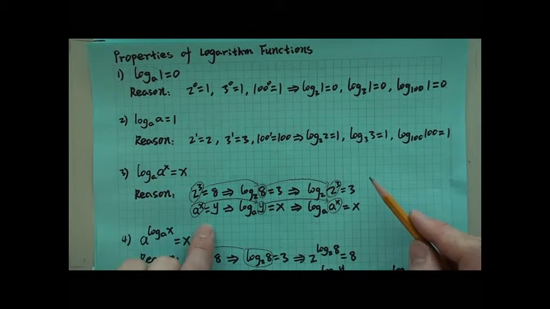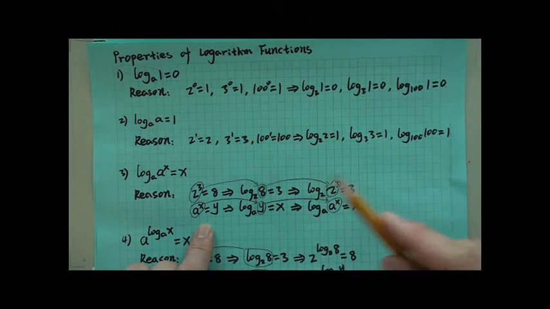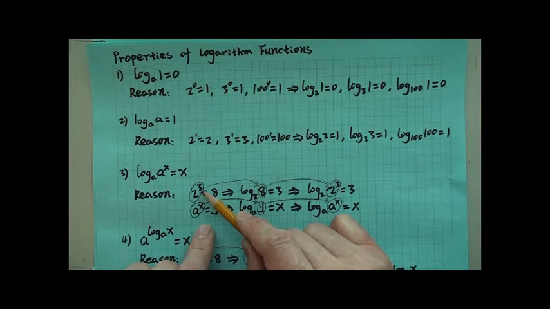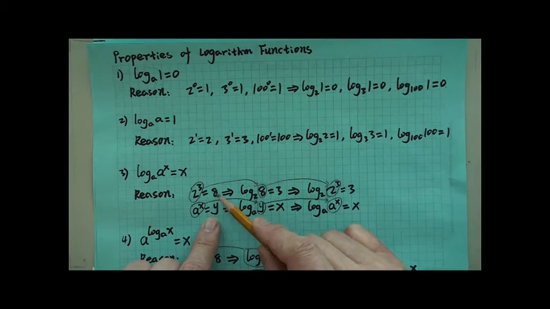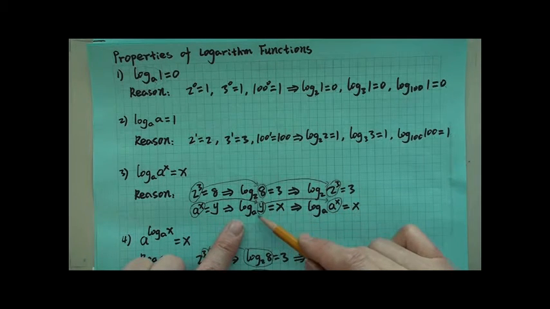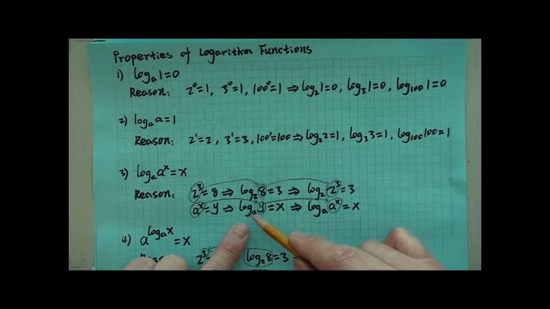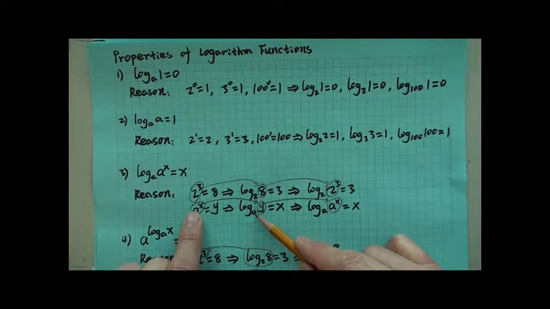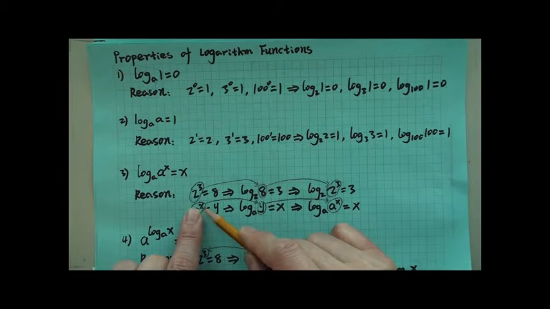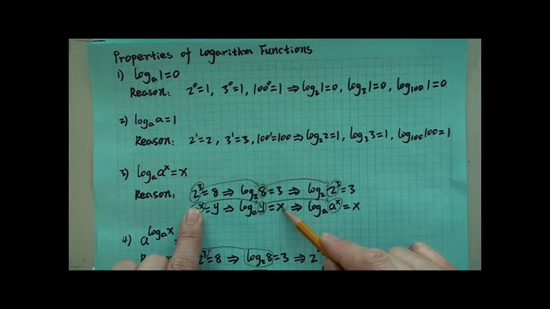And here's the general proof. Here a is like 2, x is like 3, y is like 8. Now you write this one in logarithm form, then you will have log base a to the y, find out exponent was x.